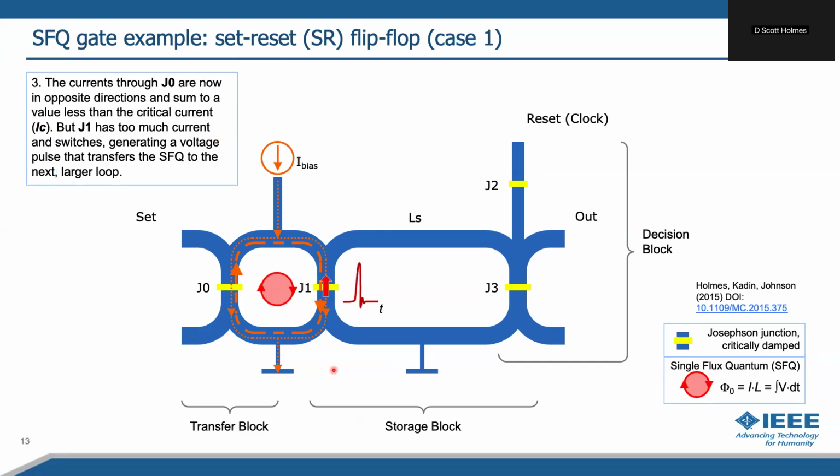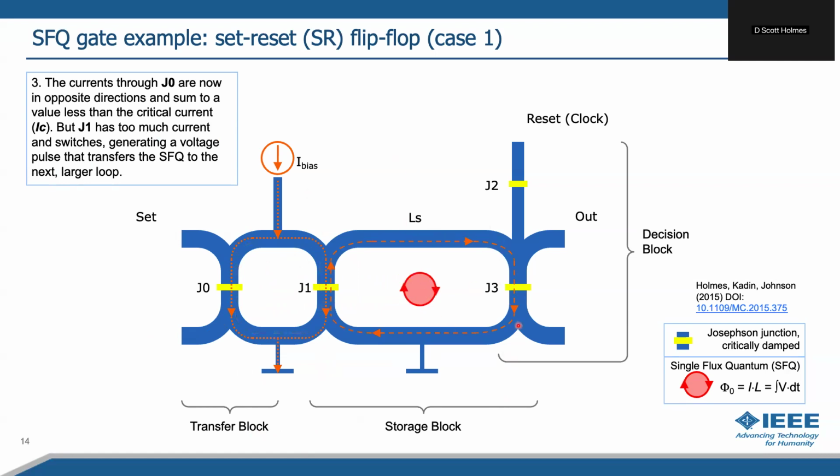That junction switches, it kicks back and shuts down the current in the bias, in the transfer block loop, the smaller loop, and it develops a current in the larger loop in this storage block.